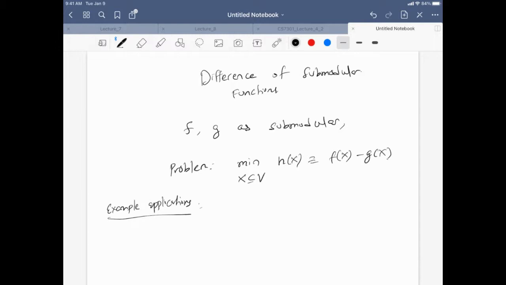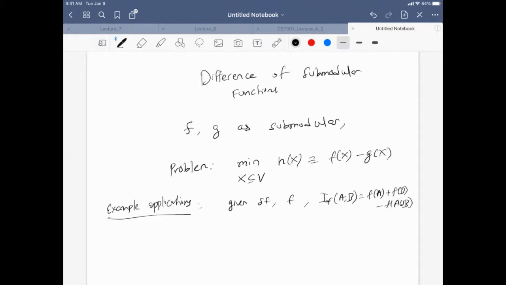We saw the mutual information function, right? Given a submodular function f, we saw the submodular mutual information function I_f of A comma B, which was f of A plus f of B minus f of A union B. So this SMI function is in general a difference of submodular functions.